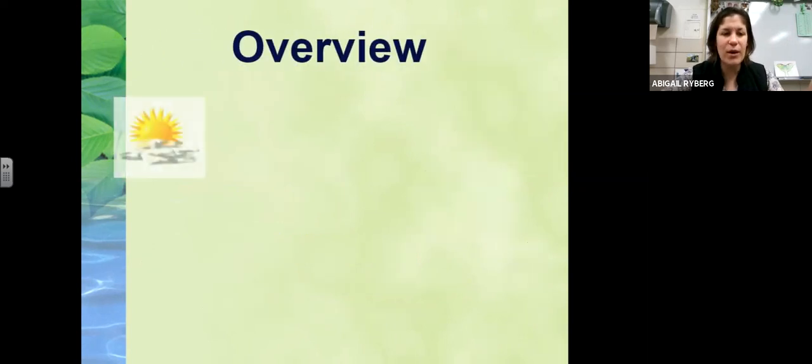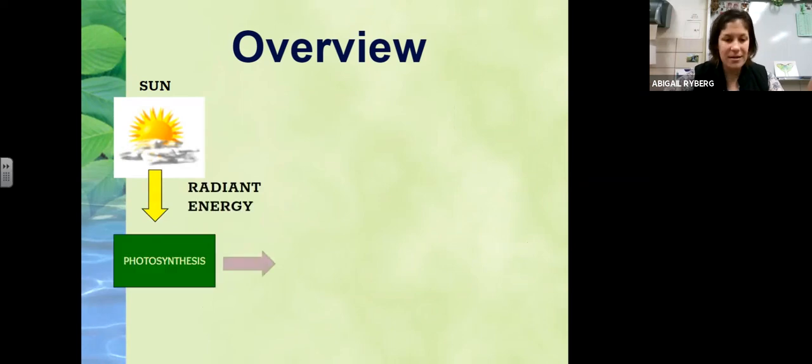So let's do a quick overview. This whole process begins with the sun, right? So we have energy from the sun that is radiated towards the plants. Plants photosynthesize, so they take energy from the sun and produce that glucose molecule.